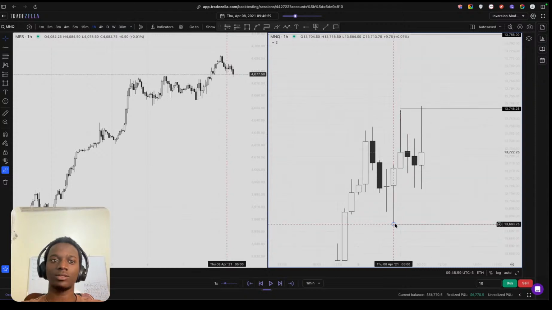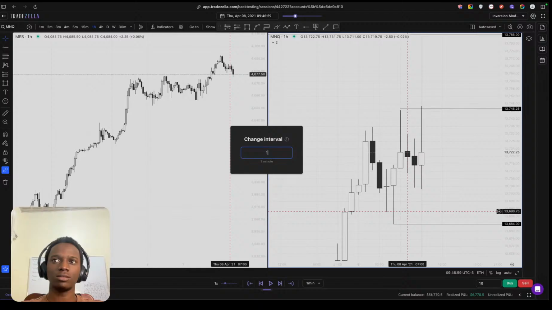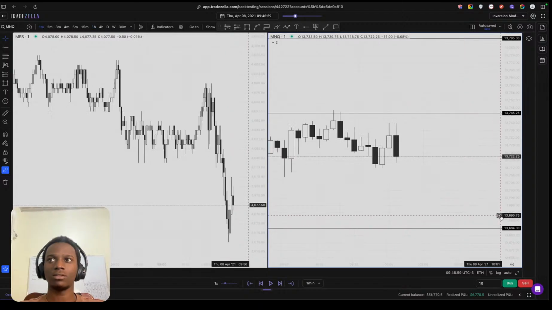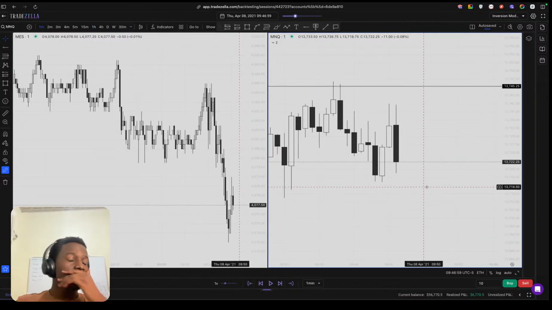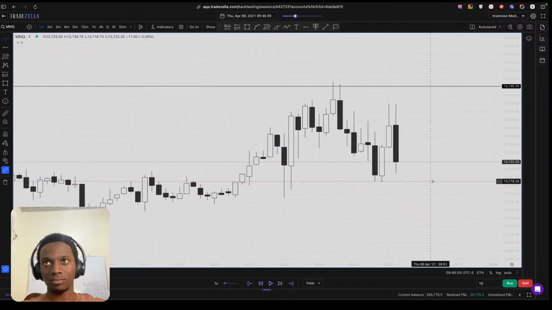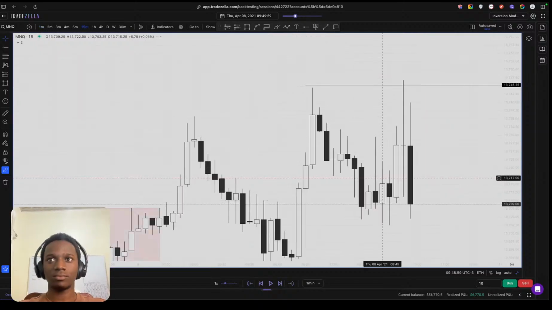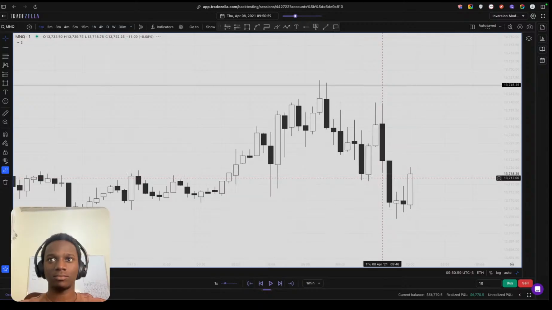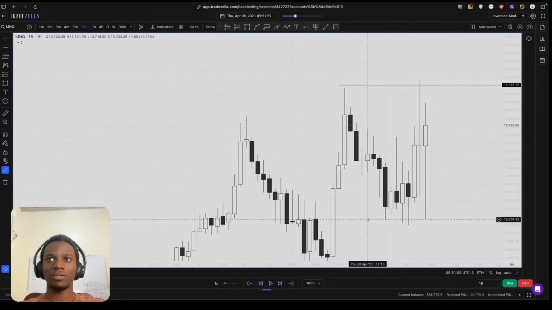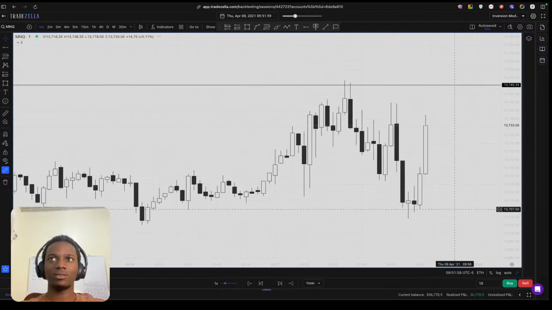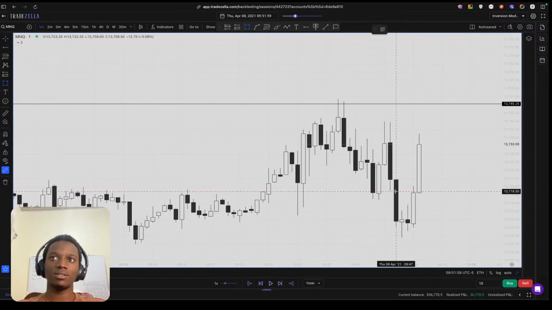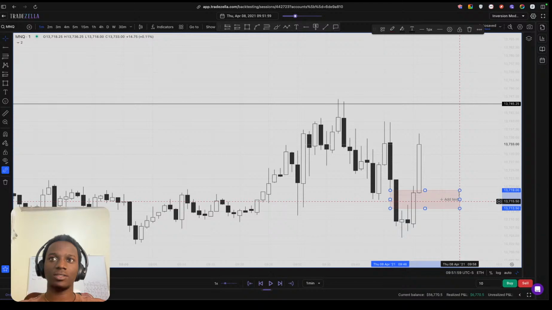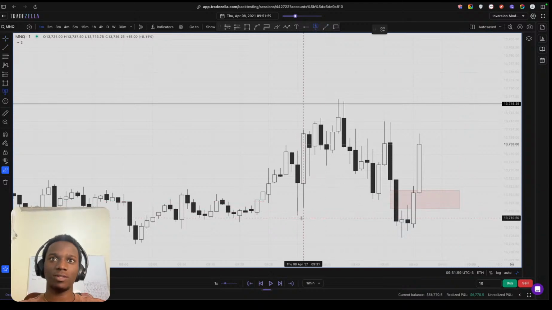There's a run on this low here. Okay, then price fails to run this low here, giving this inversion. But we've got a small sweep of the 9:30 low.